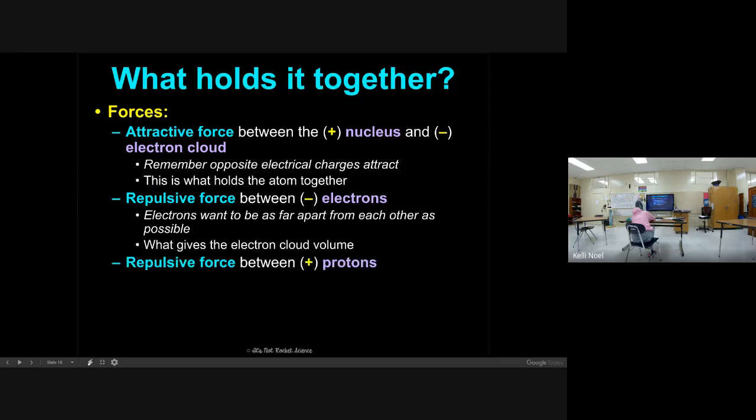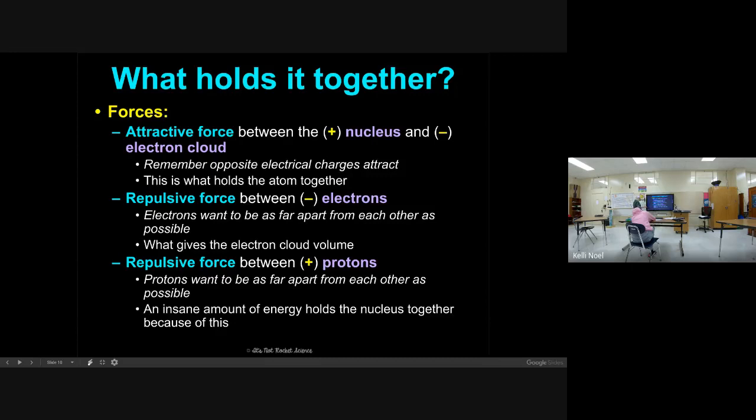And repulsive forces also happen between protons as well, because remember they're compacted together. And so like charges are repulsive, they repel each other. And so they want to be as far apart from each other as possible, but to keep them together in the nucleus, there's a lot of energy that's holding them together, because they've got to be compacted together more closely.